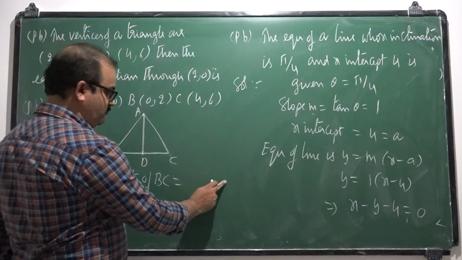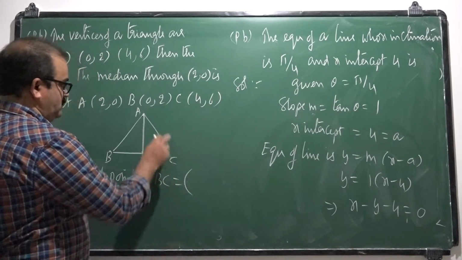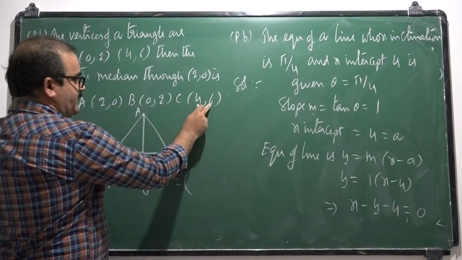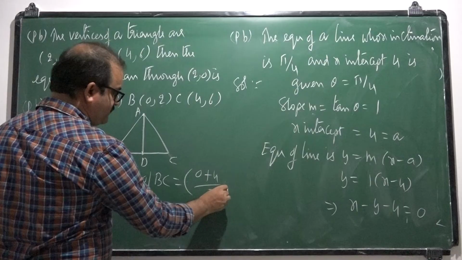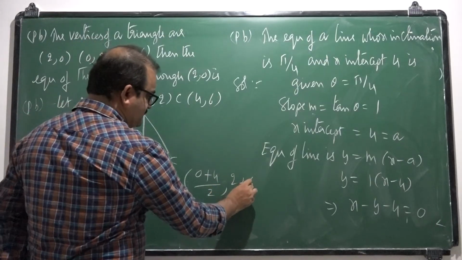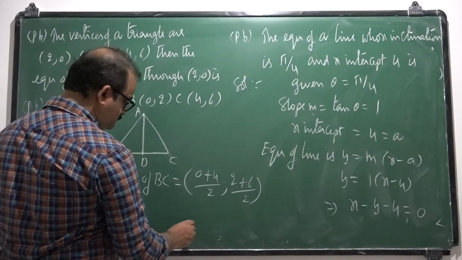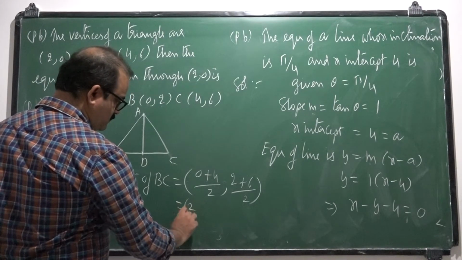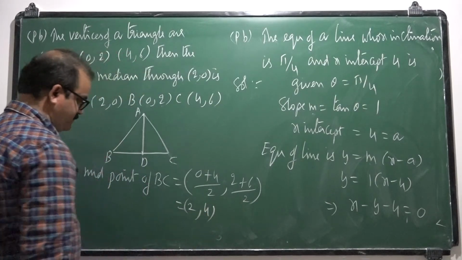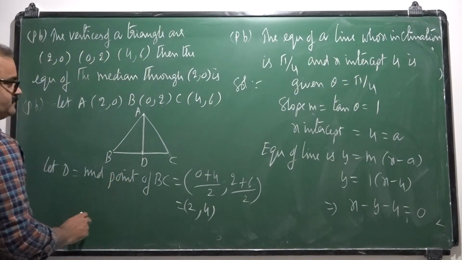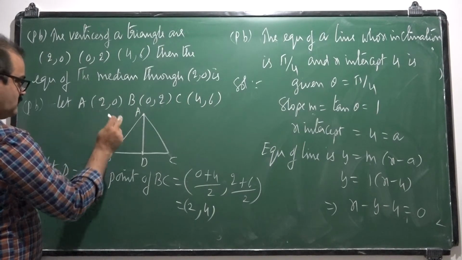X1 plus x2 by 2, y1 plus y2 by 2, for x1 y1 and x2 y2. 0 plus 4 by 2, 2 plus 6 by 2, that is 4 by 2, 8 by 2, which is 2, 4. This is D. Already A is given. What is A value? 2, 0.